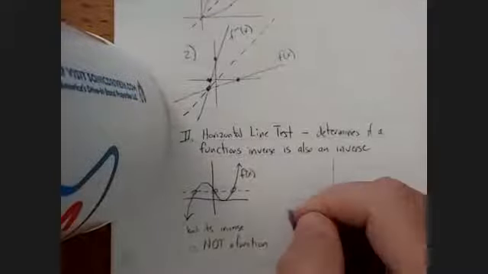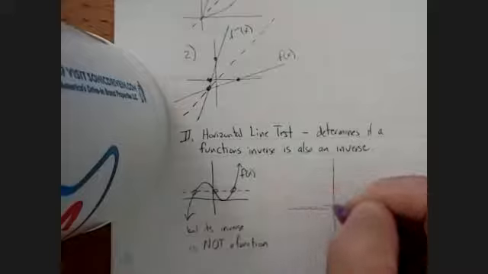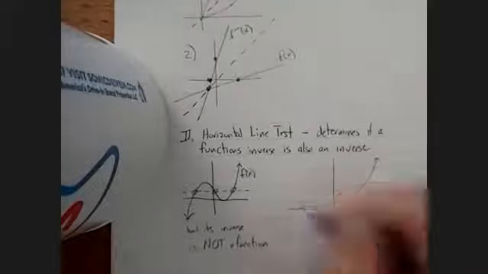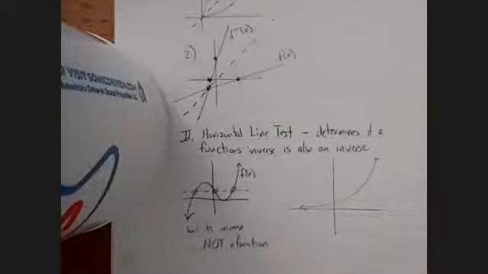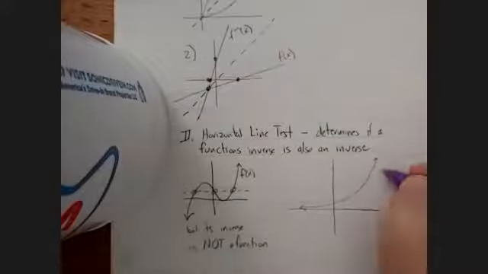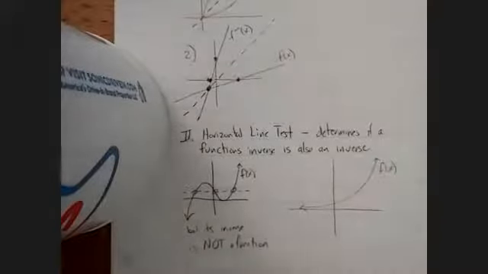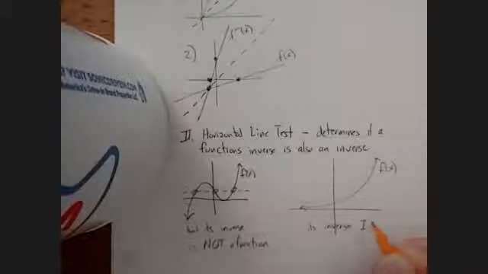Let's do another example. So a little bit goofier graph, maybe has an asymptote to it. But any horizontal line I draw is only going to intersect the function one time. Again, that's the function. So its inverse is a function.